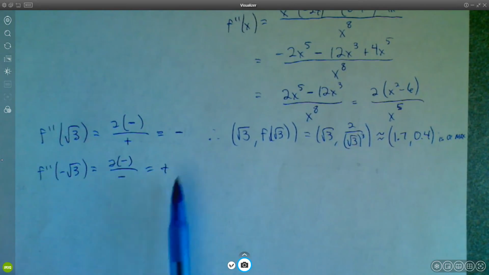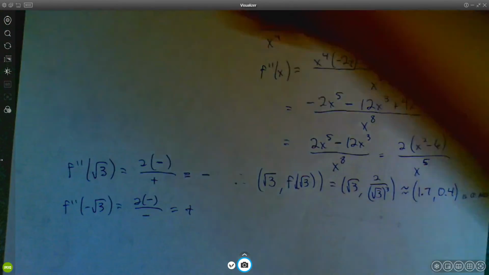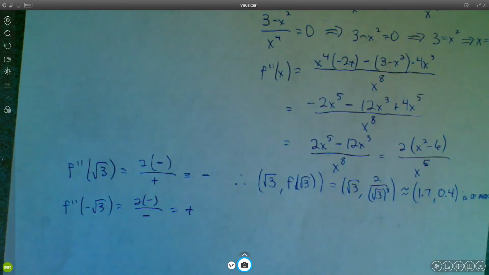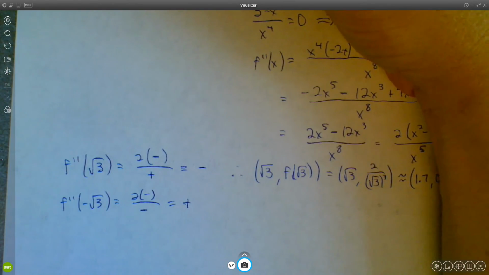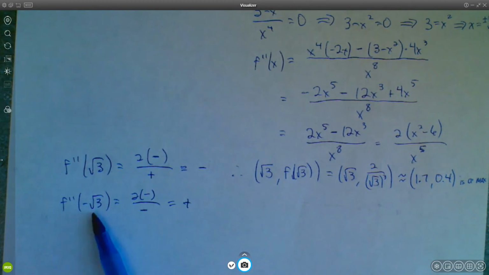That tells me that at negative root 3, which is somewhere between negative 1 and negative 2, I'm concave up, which means that negative root 3 is going to be a minimum, right?